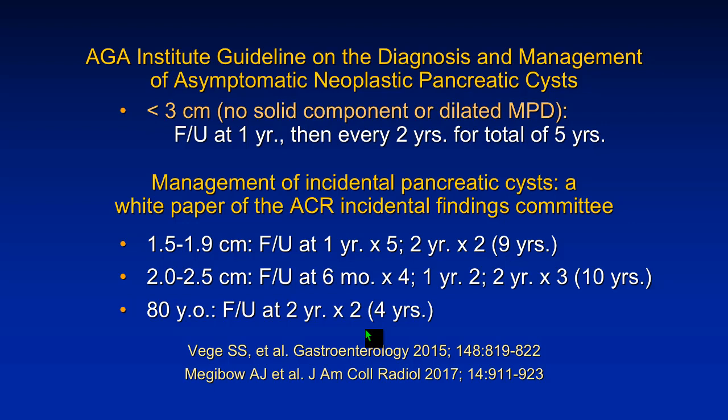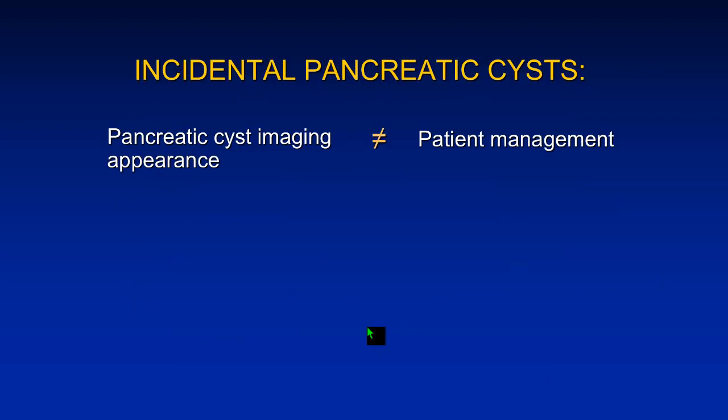They also recommend that if you're following a cystic lesion in an older patient and the patient gets to the age of 80, at that point you might want to consider stopping follow-up. So I think those are reasonable recommendations, but when it really comes down to it, we still don't have enough information to be definitive about that.